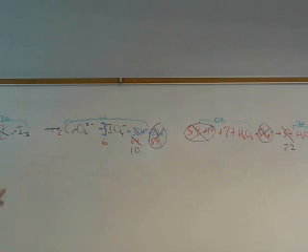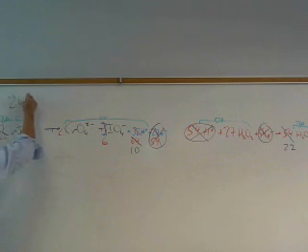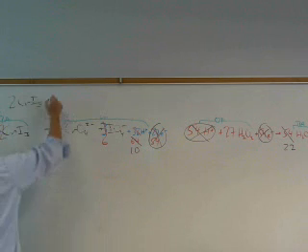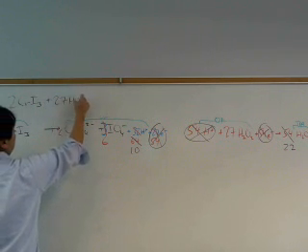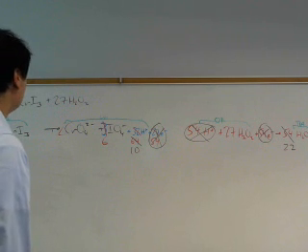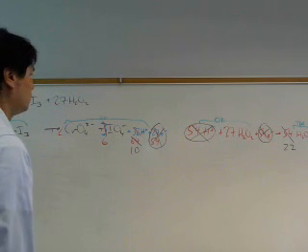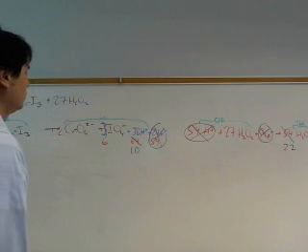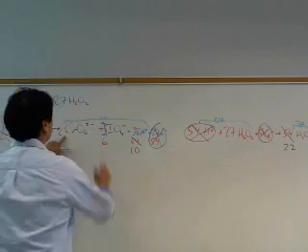All right, now we can combine. And so when we combine it, it's going to be 2CrI3 plus 27 H2O2s. Okay, is that it? Yeah, looks like it.